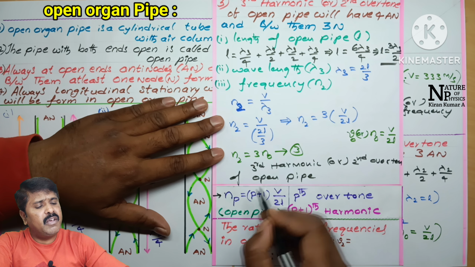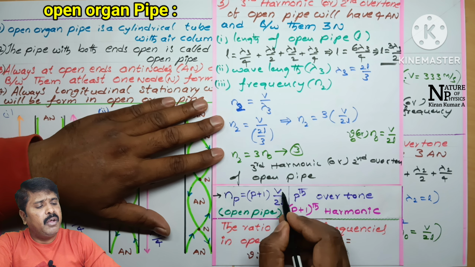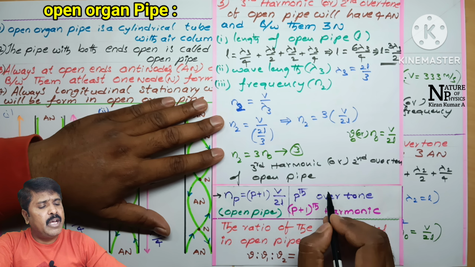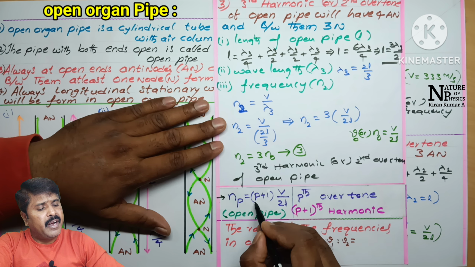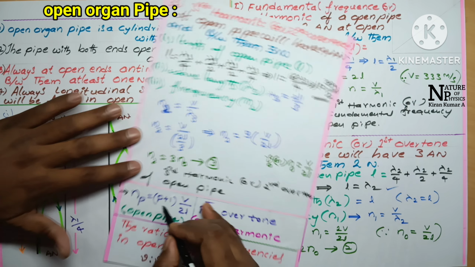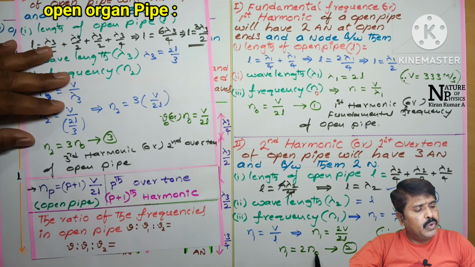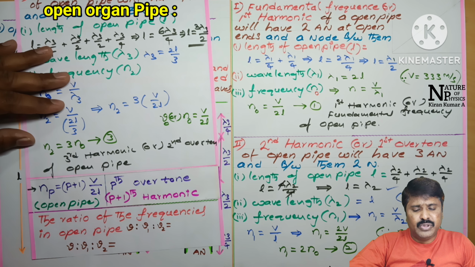So the basic formula we can write is NP equals (P plus 1) V divided by 2L. For example, for the second harmonic, P is equal to 1, so 1 plus 1 is equal to 2. So I will get the value N1, which is equal to 2 into N naught.